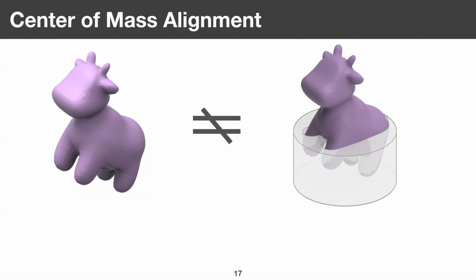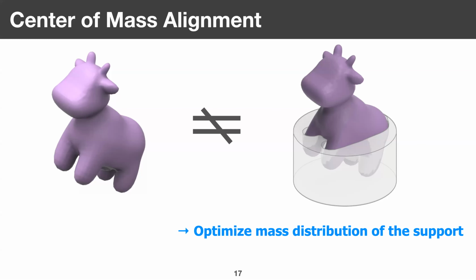But if we put the puzzle model on the support, we have to take into account the total center of mass of both the puzzle and the support model. To address this issue, we optimize the mass distribution of the support model.